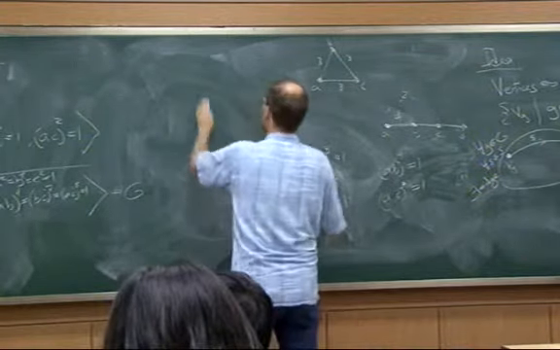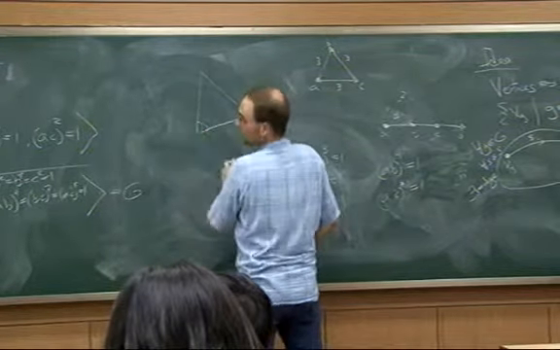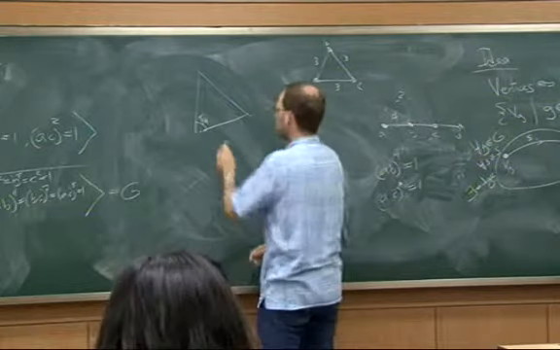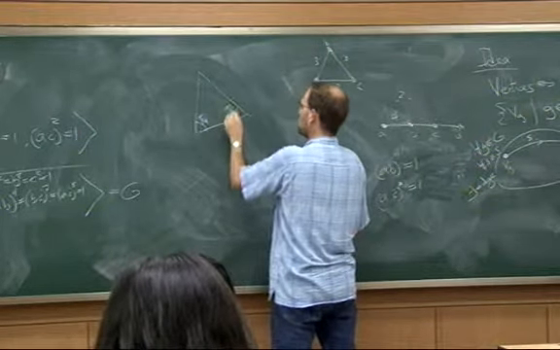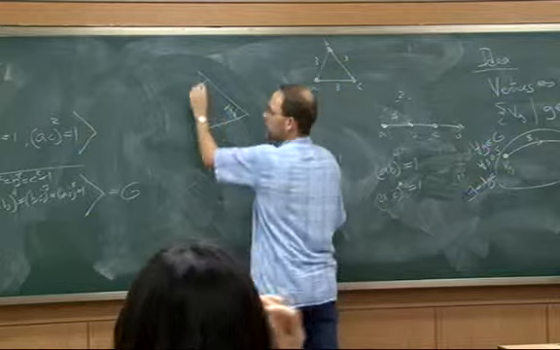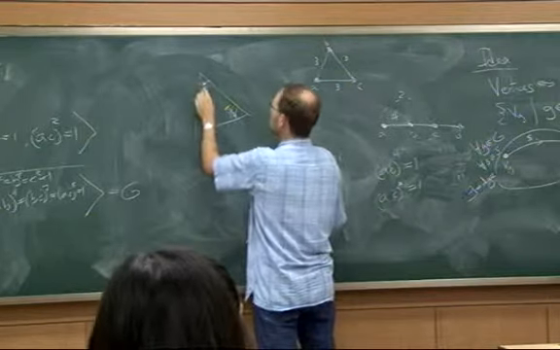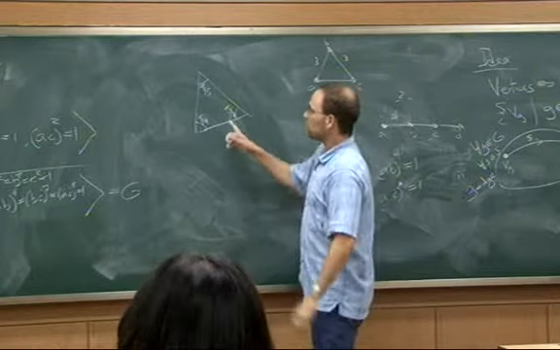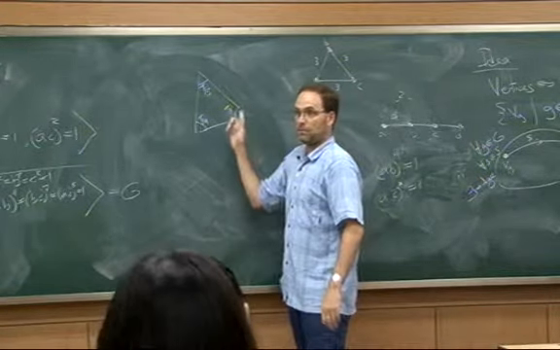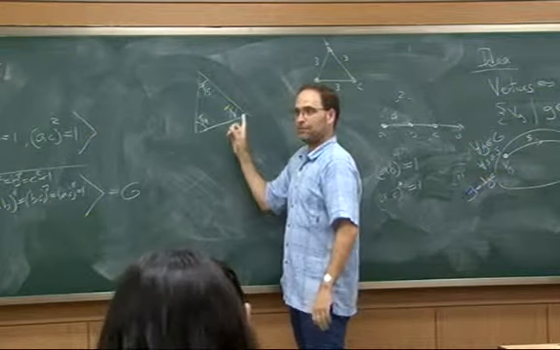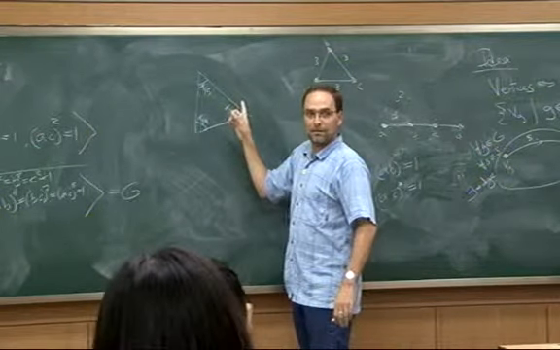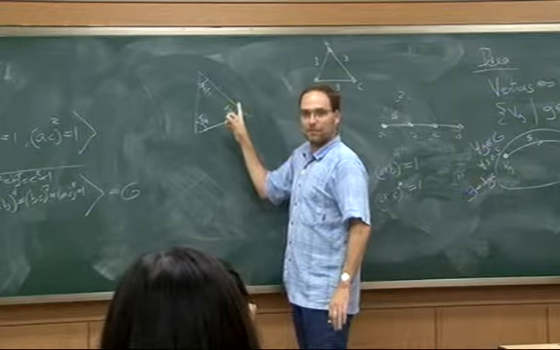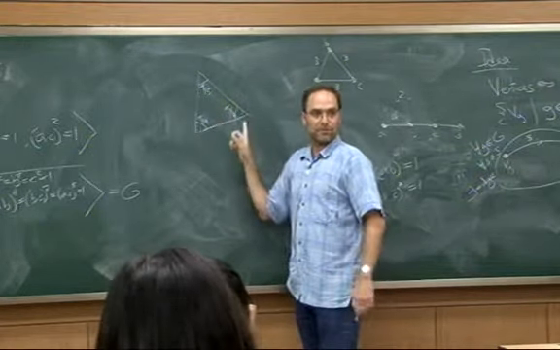You'd be trying to create a triangle where one of the angles was pi over 4, one of the angles was pi over 7, and one of the angles was pi over 5. And you look at that and you say, well, I can't do that in Euclidean space. But where can you do it? For those of you that have seen this: hyperbolic space. You can draw hyperbolic triangles with these angles.